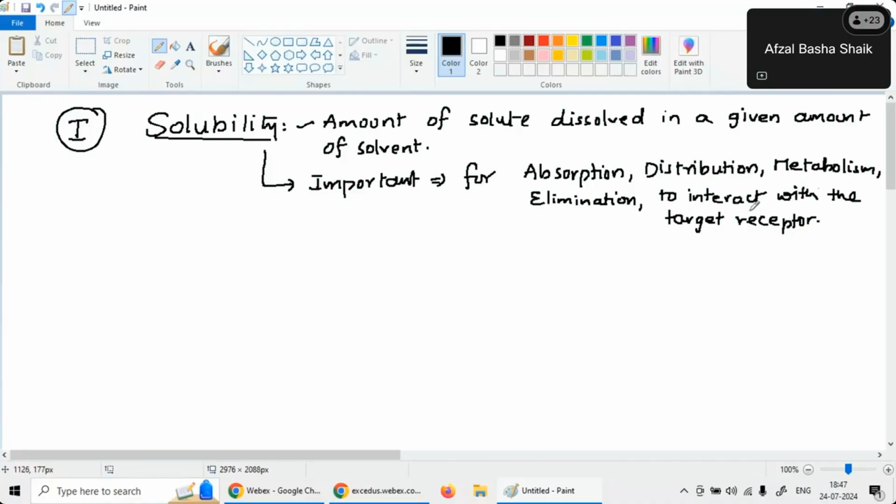All these are the different factors that depend upon solubility.